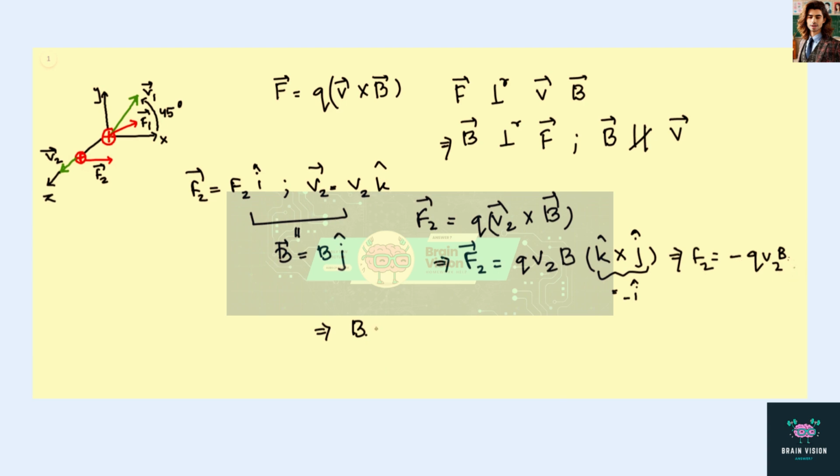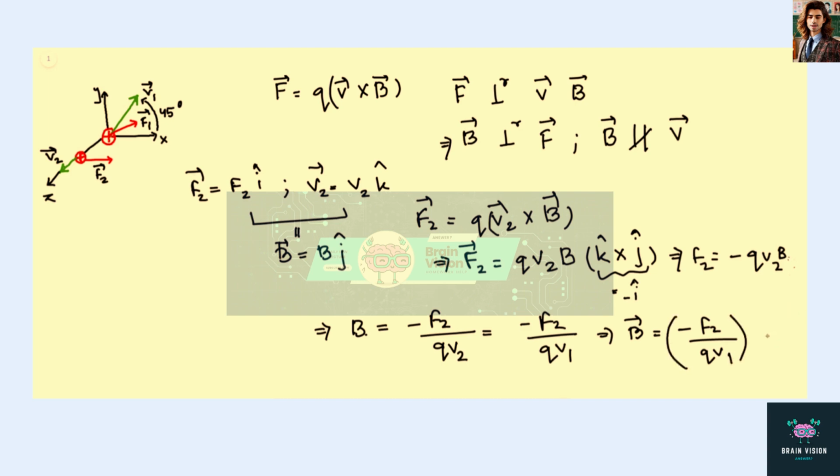So the magnetic field equals negative F2 over the charge times the velocity, which is negative F2 over the charge times v1, because v2 is equal to v1. And so we can write the vector B to be negative F2 over q v1, in the direction j cap.